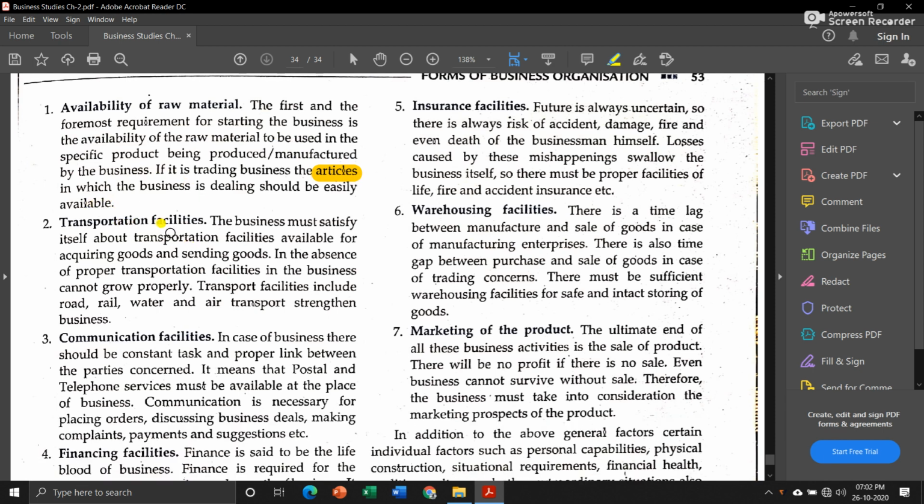Then transportation facilities. The business must satisfy itself about transportation facilities available for acquiring goods and sending goods. In the absence of proper transportation facilities, the business cannot grow properly. So we know that for running a business smoothly, transportation facilities are very much important.